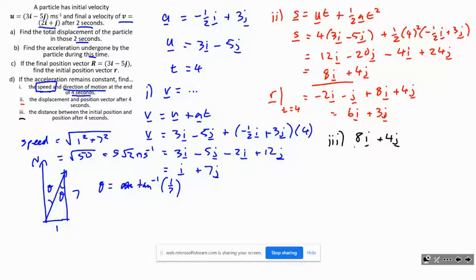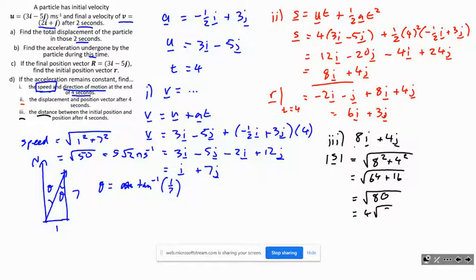And our distance is the magnitude of our displacement, which is the square root of 8 squared plus 4 squared, which is the square root of 64 plus 16, which is the square root of 80, which is 4 root 5 meters.